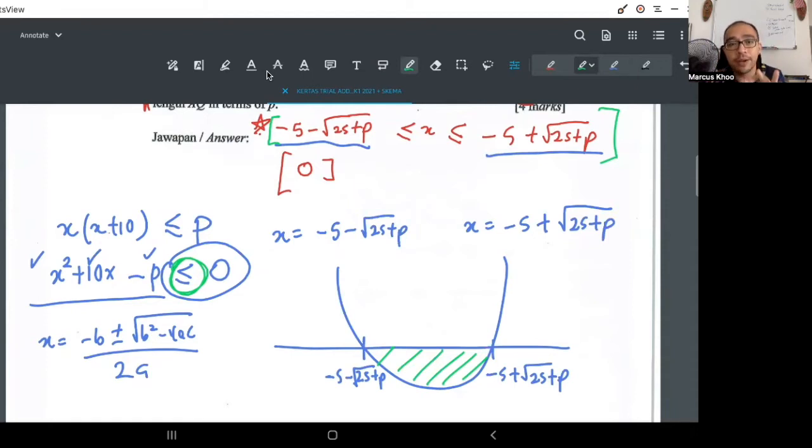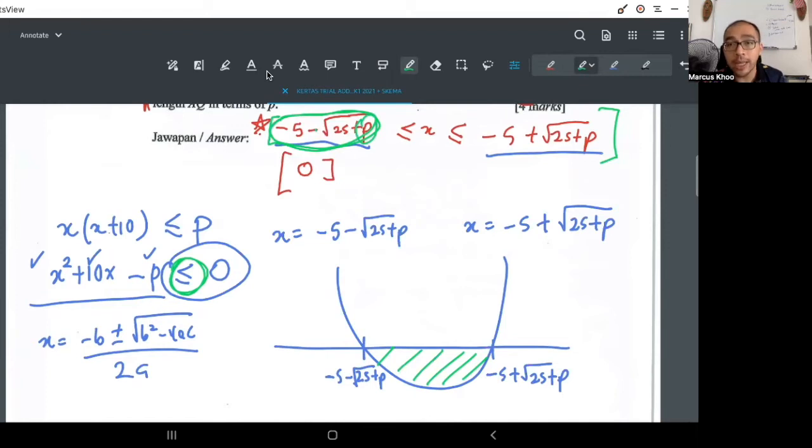Except that, this is an impossible answer. Why? Because no matter what the value of your P is, negative 5 minus another number is going to be another negative number. And it's always going to be a negative number.